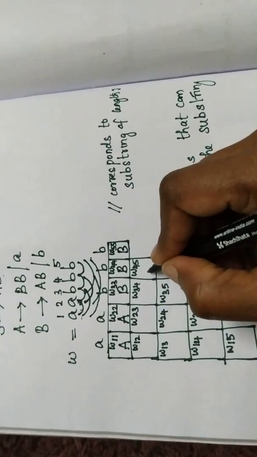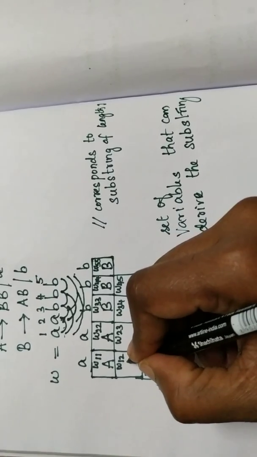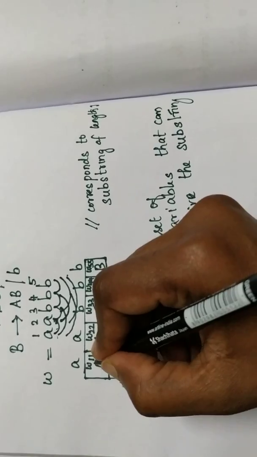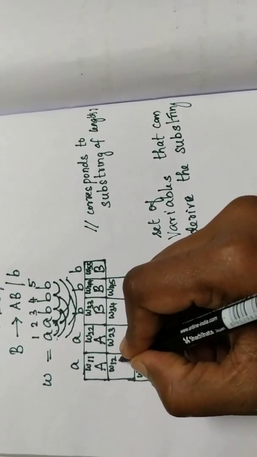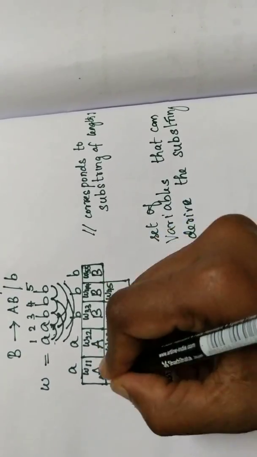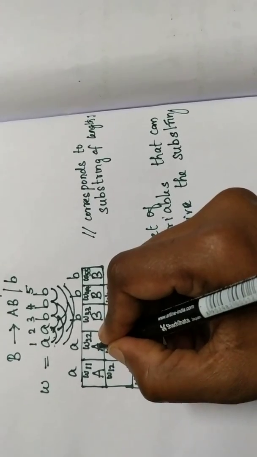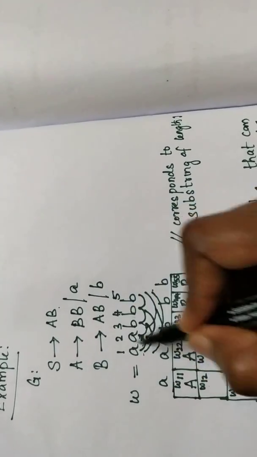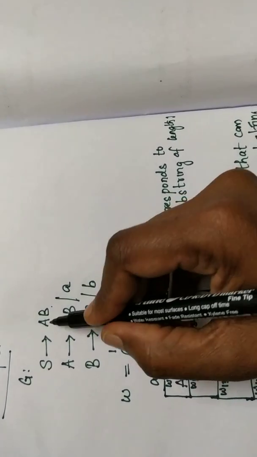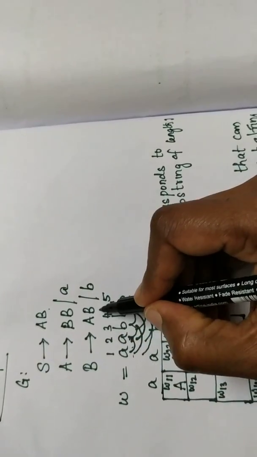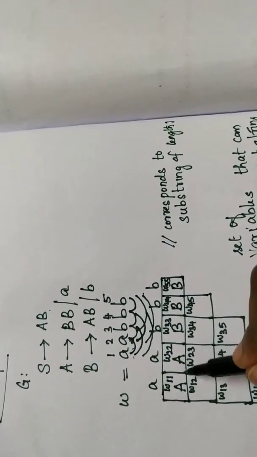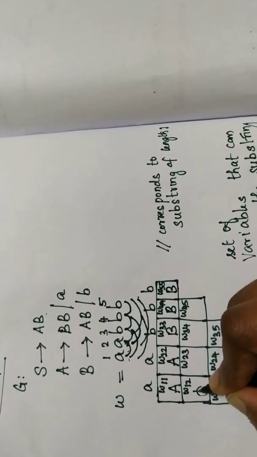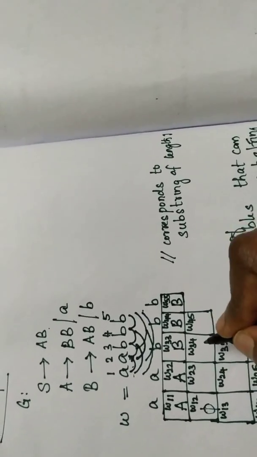Now coming to the second row, we can get the set of variables from the previous row. W12 means these two cells together, AA. From the grammar we can check whether any variables could derive AA. There is no such production in this grammar, so this is phi, representing null.